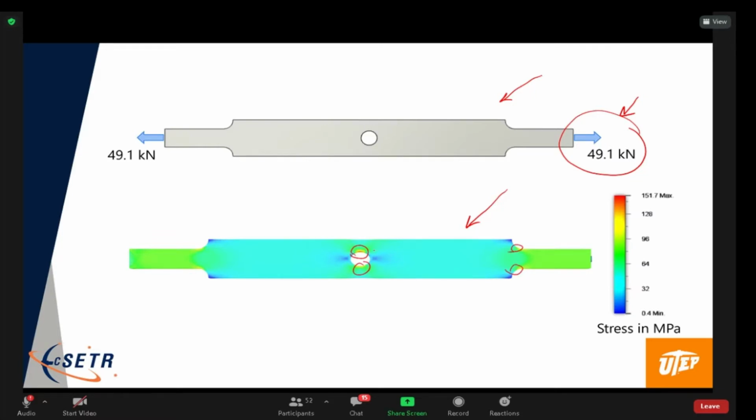The peak stress is right here, and it is pretty close to that 151 megapascals, right? We wanted the stress to be 150, so a little bit over, but that's just from numerical modeling errors, okay?